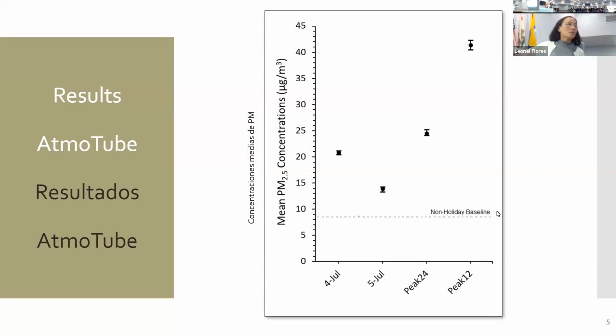Especially when you compare the peak 12 hours, from 7 p.m. on July 4th to 7 a.m. on July the 5th, the peak concentration is around 12 in comparison to 8.5 micrograms per cubic meter of fine particulate matter. That's a lot of increase of air pollution due to firework emissions. There's a dramatic difference. Okay, next slide.